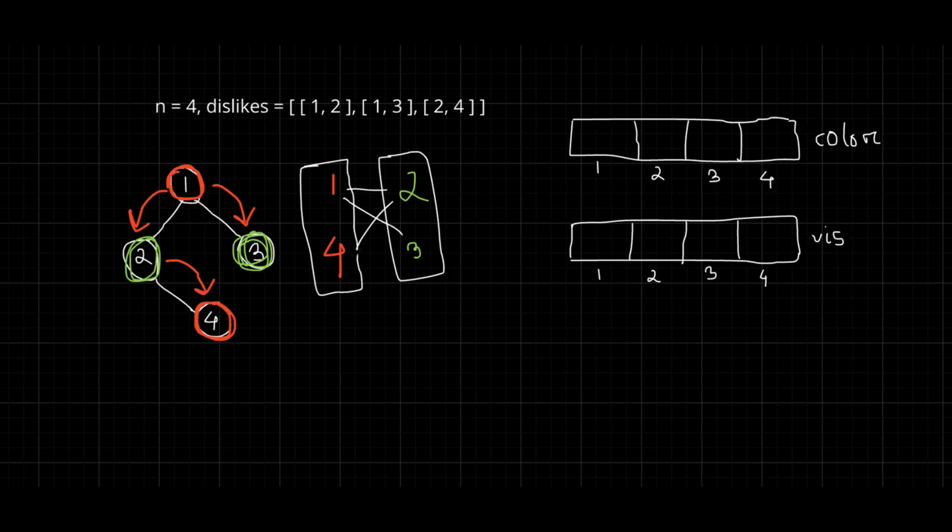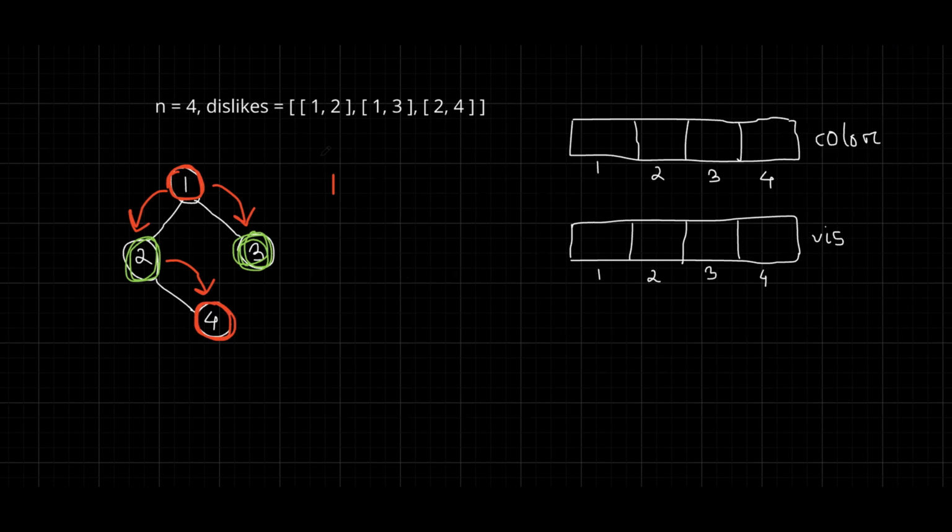That means all of the nodes in the same group do not hate each other, but each node in the first group hates another node in the second group and vice versa. So this is the basic graph coloring problem.